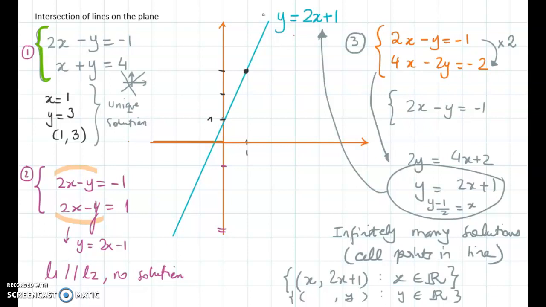I'm just isolating x. So the solutions can also be written in the form ((y minus 1) divided by 2, y). And what we have in this case is that the two equations represent the same line.